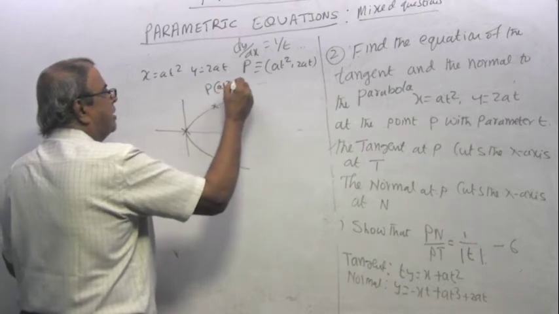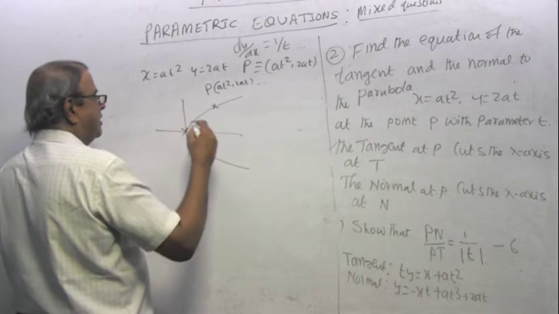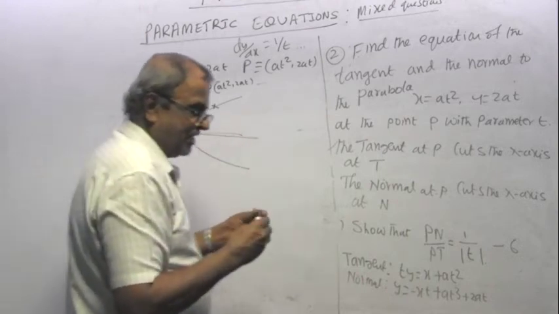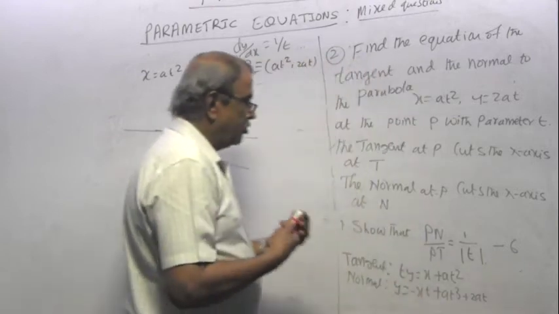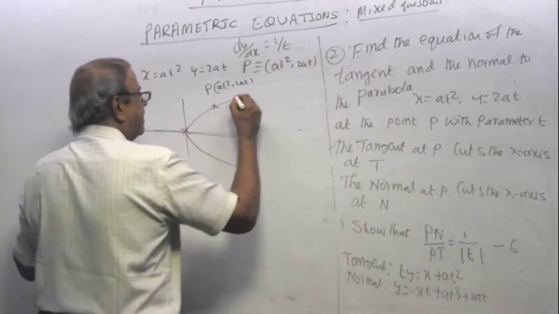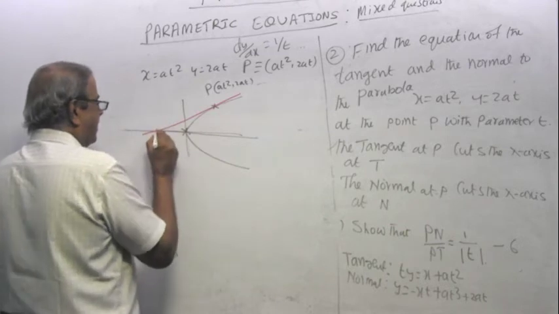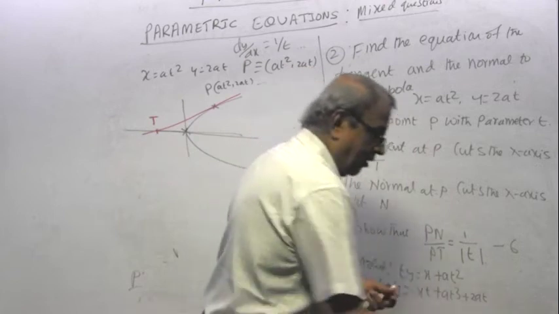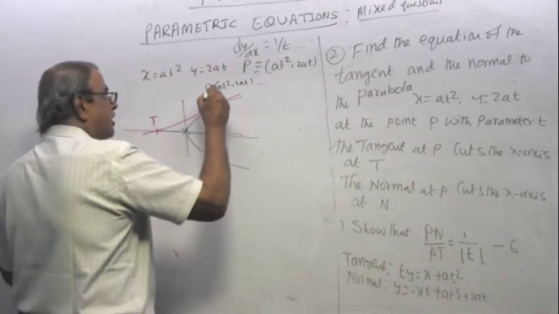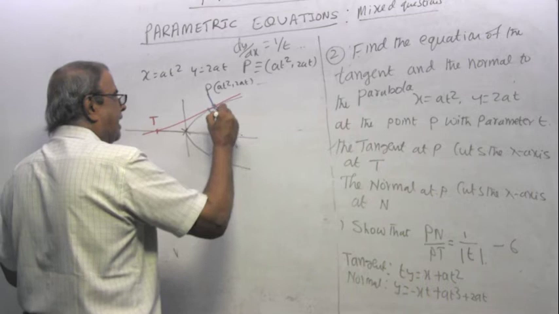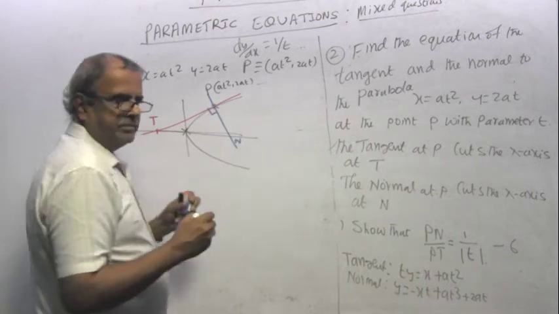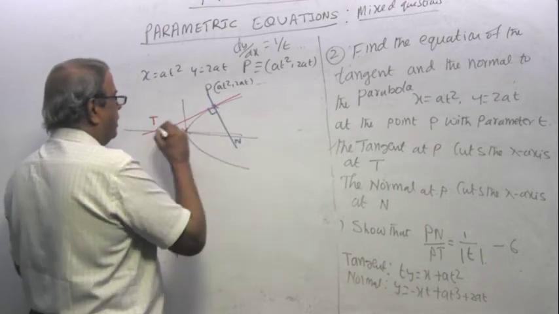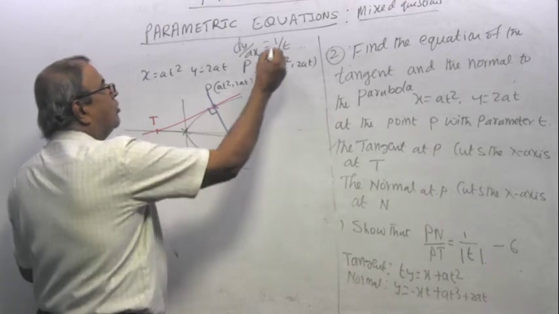The question said you drew the tangent at P and it cut at T. Correct? And you drew the normal at P and it cut at N. I need to show that PN over PT equals 1 over t.